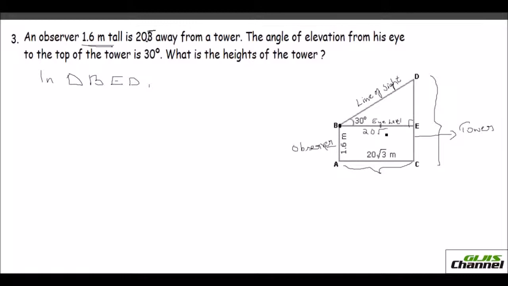So BE is also 20 root 3, right? You know the base, you need to find this DE. So that's the opposite side and the adjacent side again here.